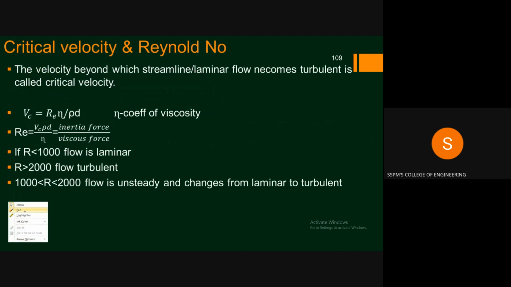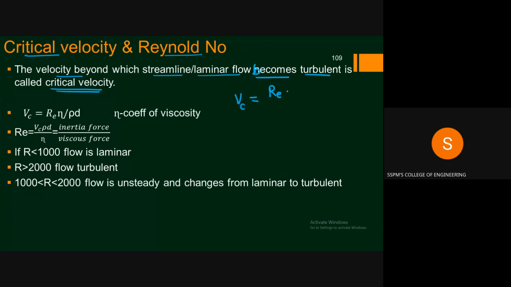Okay, next there is a formula for the critical velocity and the Reynolds number. The critical velocity means the velocity beyond which the streamline or laminar flow becomes turbulent. That velocity is called the critical velocity. It is given by the equation Vc is equal to Re eta upon rho d, where Re is the Reynolds number and eta is the viscosity.